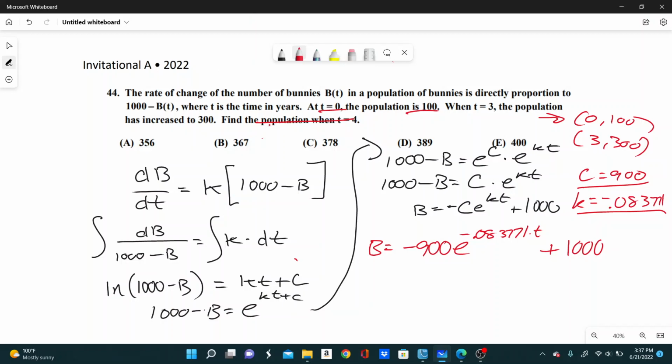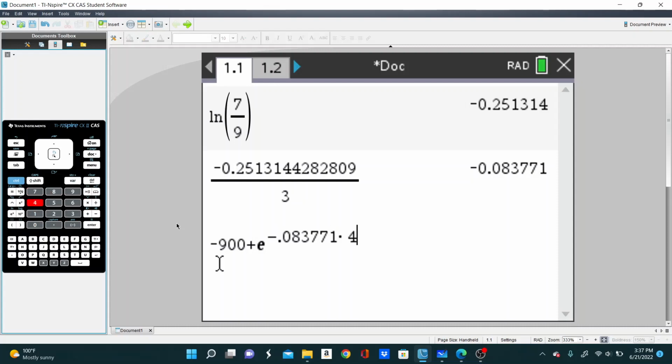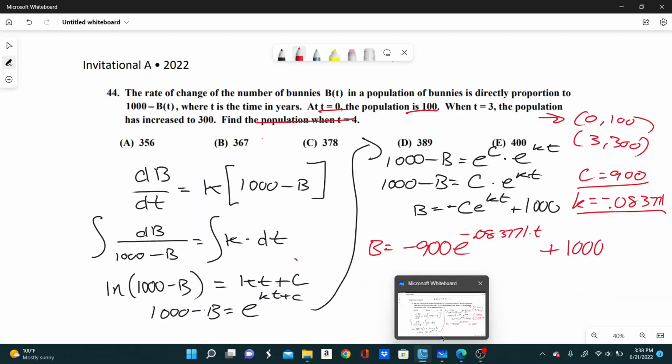So if I go to the calculator one more time, we have negative 900 times e to the negative 0.083771 times 4. Sorry, I think I messed up the equation.